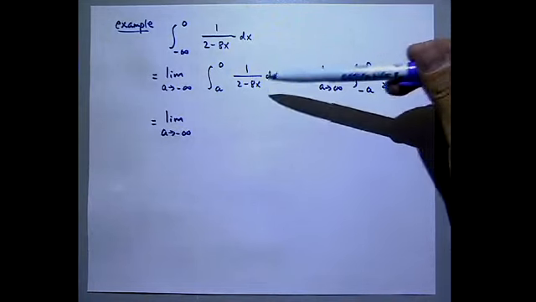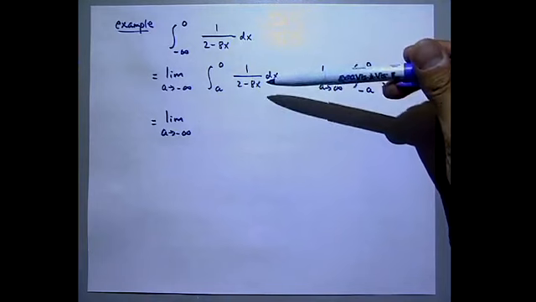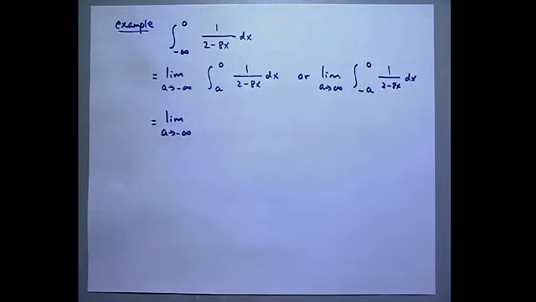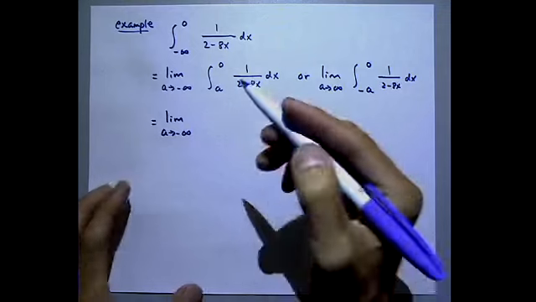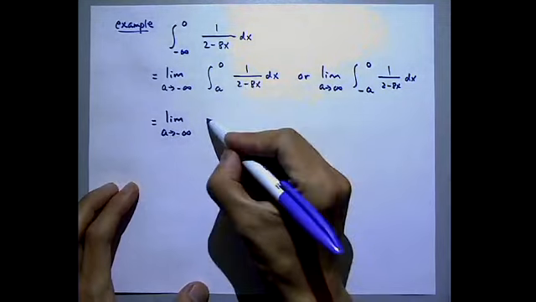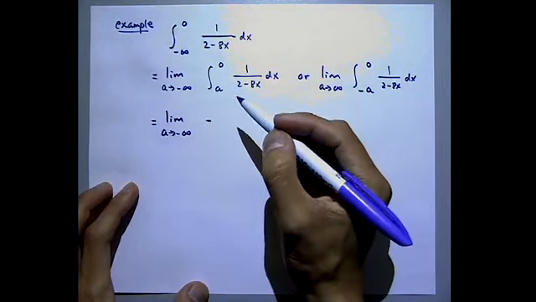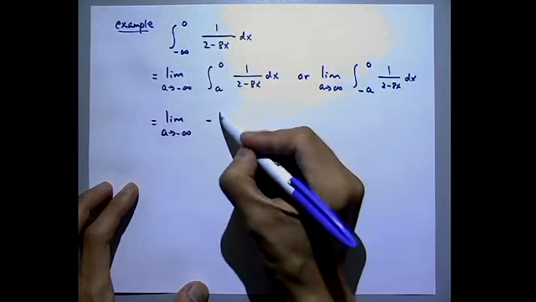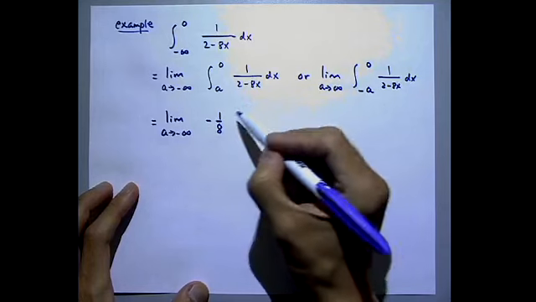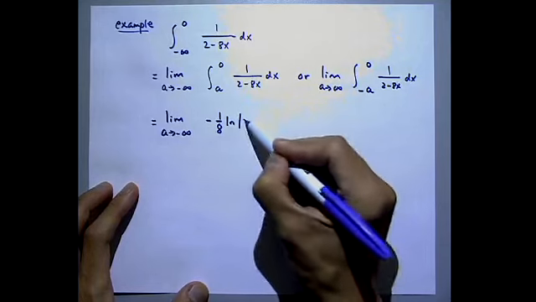Okay, now what's the integral of 1 over 2 minus 8x? Negative 1 over 8, yep. Negative 1 over 8, and, right, natural log of 2 minus 8x.